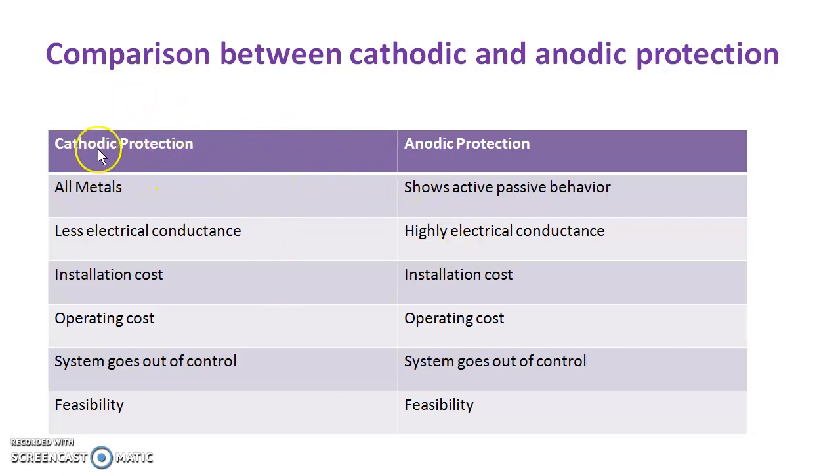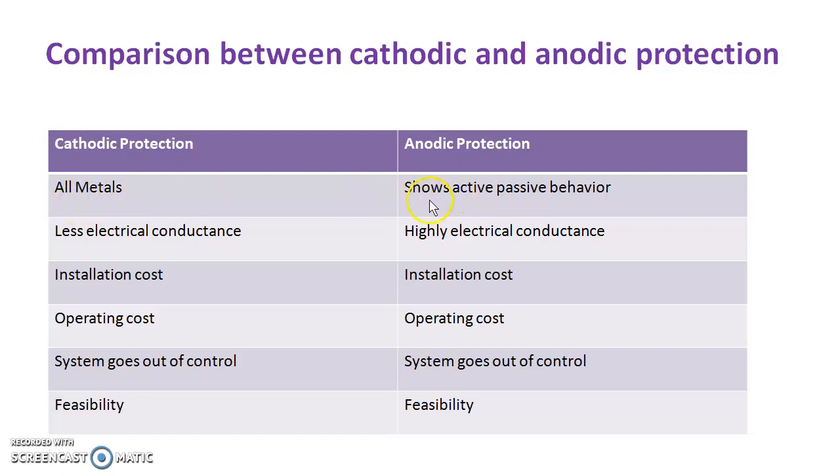And there are two different ways of cathodic protection: the sacrificial anode method and the impressed current method, which we already saw in the previous video. So the difference is that the cathodic protection method is applicable for all metals. You remember this one.